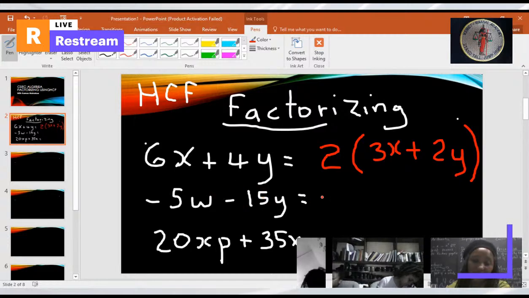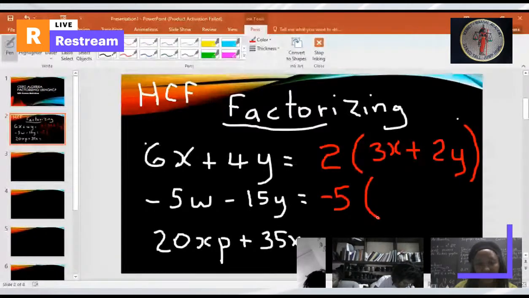So look what happens now. If I pull the negative 5 to the outside, what is left back when I divide the negative 5w by negative 5? It's w. Is it a positive w or a negative w?